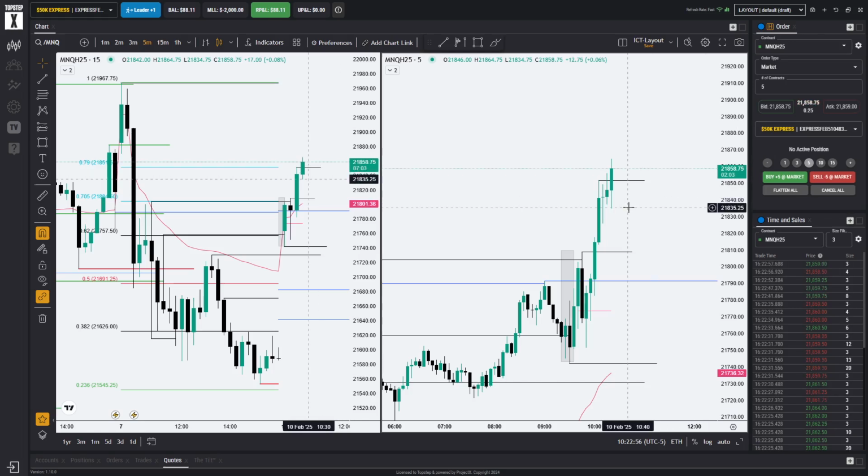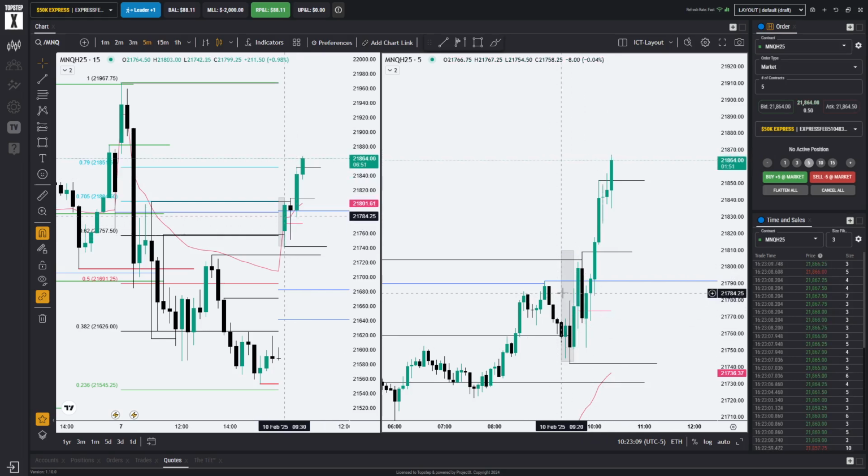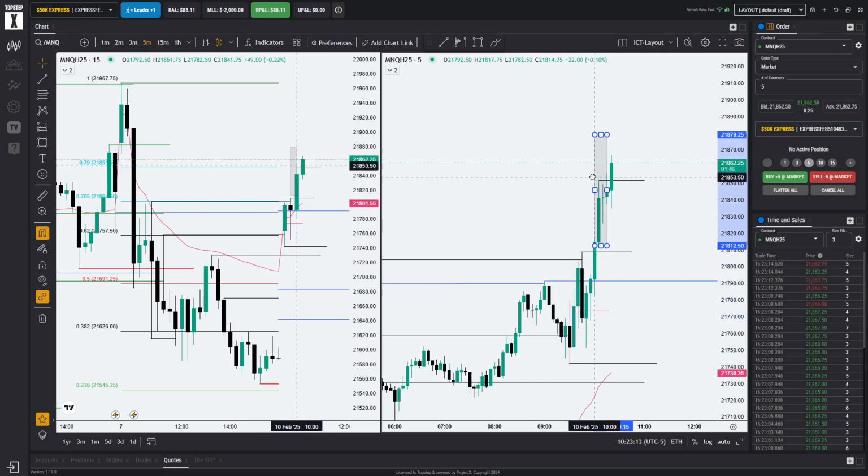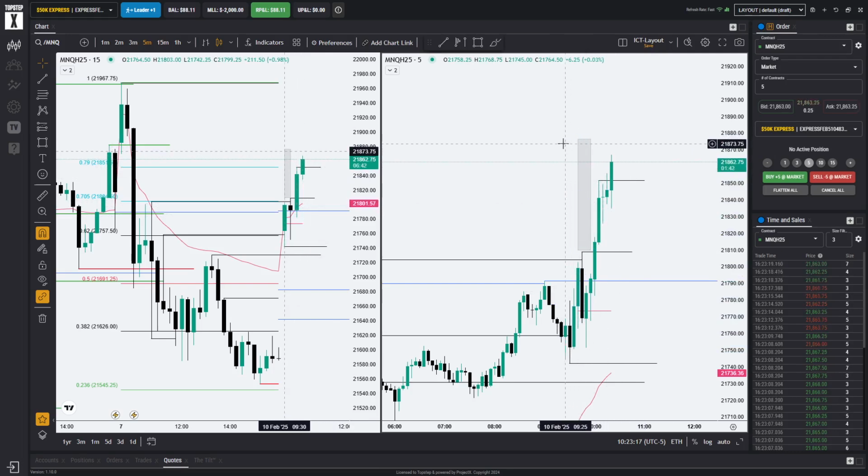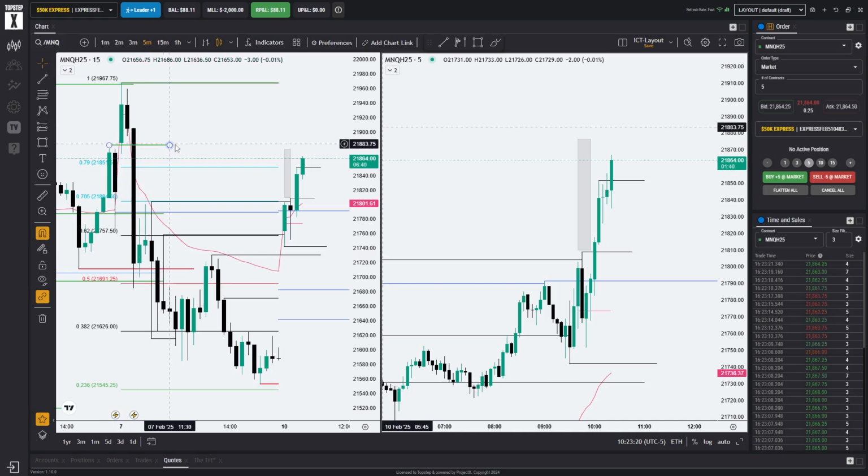Going long. Yeah, here was okay to go long. Yeah, when I measured the move, I was like, okay, this has got a little bit, can go a bit higher.